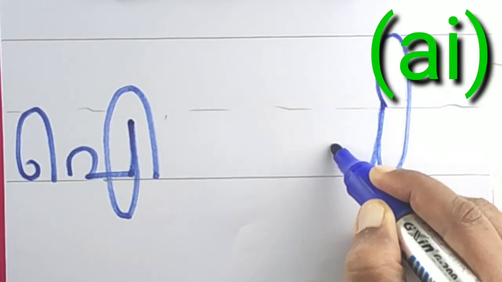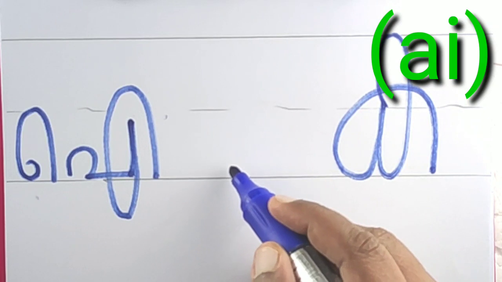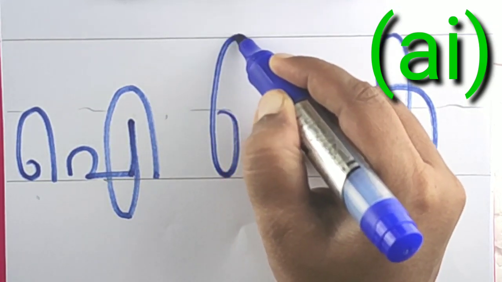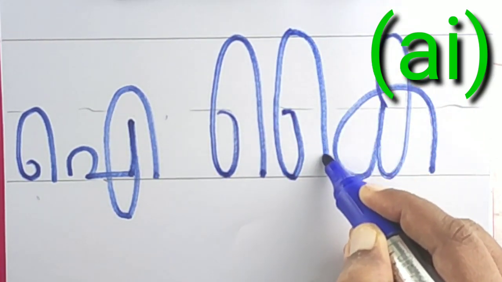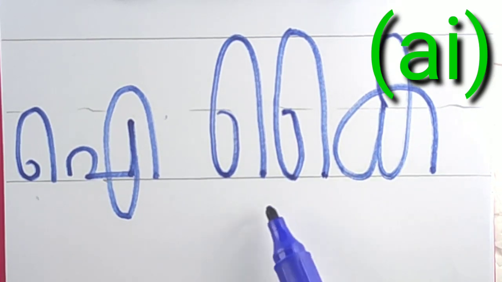I'm writing like this to make you understand, right? Okay. So ka first, and we want to make it with I sound. So we have to write this one twice here. So like this. So two of that makes ka kai.